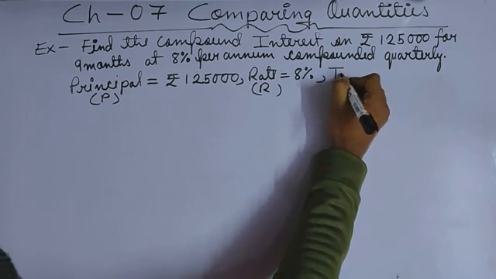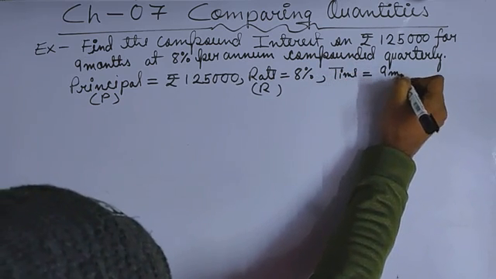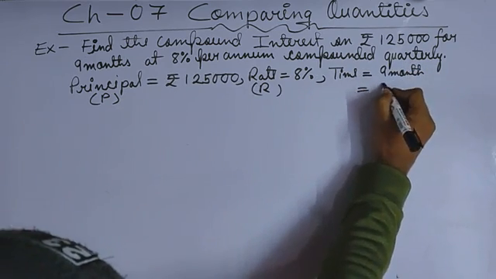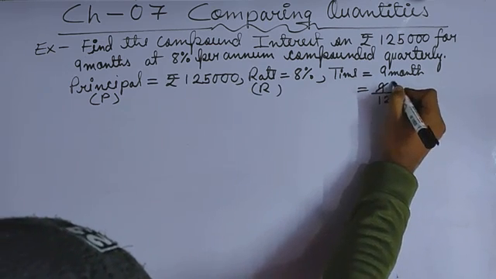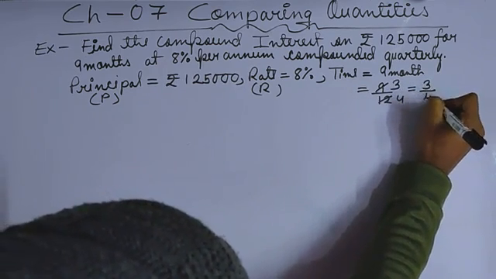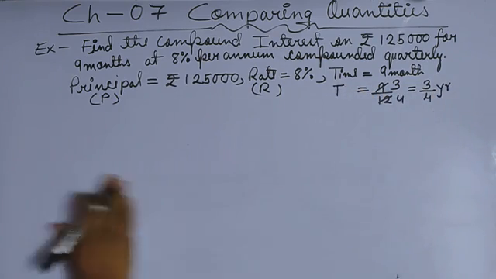The time here is given in terms of 9 months. So we will convert this 9 months into years by dividing it by 12. So this is 9/12, which is 3/4 year. So time T is given as 3/4.